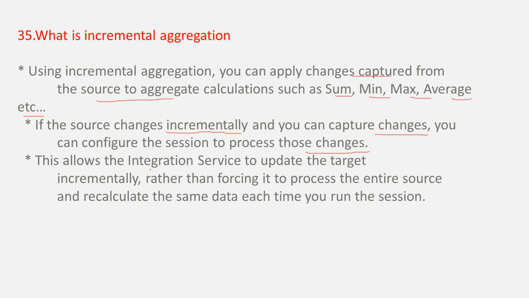This allows the Integration Service to update the target incrementally rather than processing the entire source and recalculating the same data each time you run the session. Rather than loading all the data at once, the data is loaded daily or hourly. Whatever new data comes, they calculate with that rather than calculating all the data. This is called incremental aggregation.